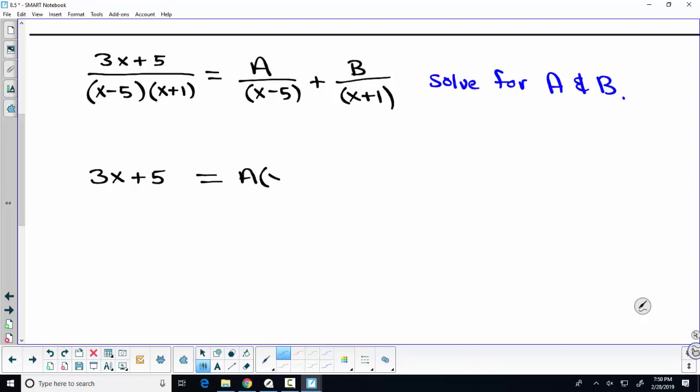A times x plus 1 plus b times x minus 5. It's just a cross multiply situation on the right to get rid of those fractions. But really what we're doing is multiplying through by the denominator x minus 5 times x plus 1. Everybody okay with that?